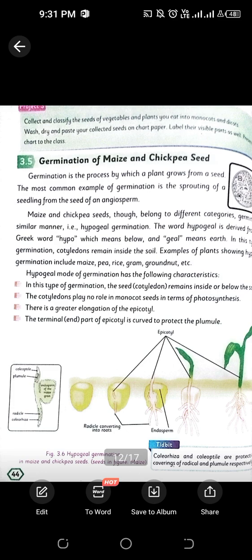Obviously they do not store food. There is a greater elongation of the epicotyl. The epicotyl is also a part of a plant. You can see there is a growth-like structure, known as the epicotyl. Then we have a terminal, which is the end part of the epicotyl that is a little bit curved.